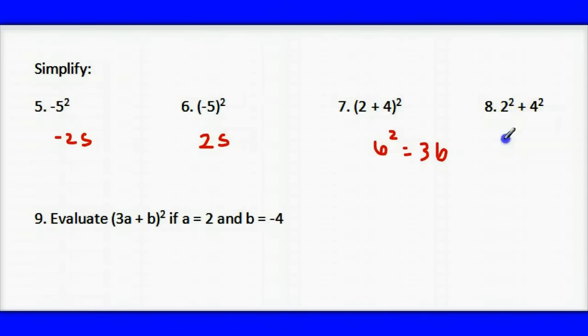So we'd have 2 squared, which would be 4, plus 4 squared, which would be 16. And so the answer to this one is 20. So notice that order of operations here really does matter. Summing two numbers and then squaring the result is different than squaring two numbers and then summing the result. So order of operations matters here.